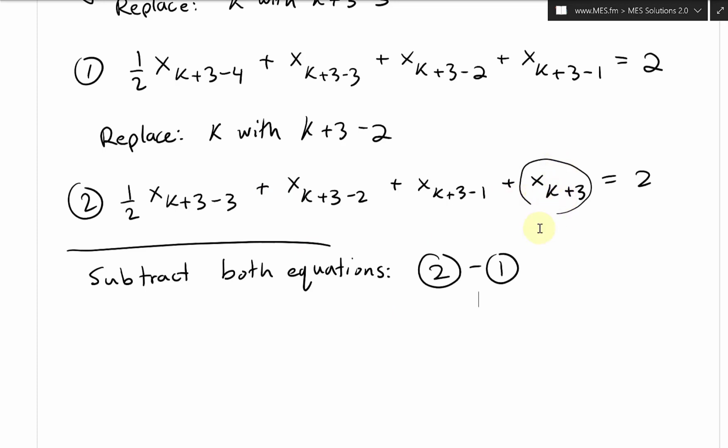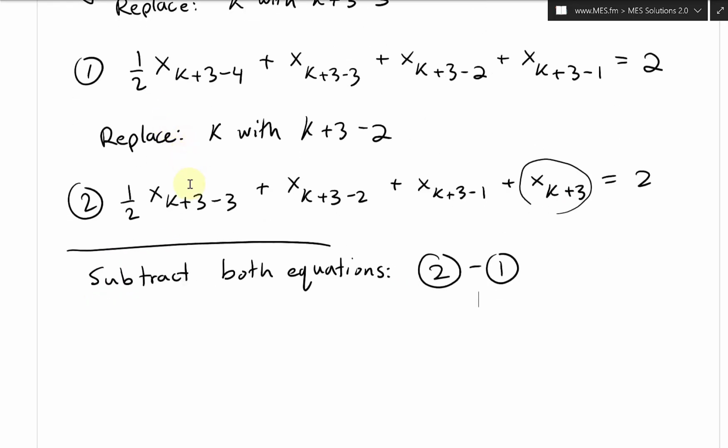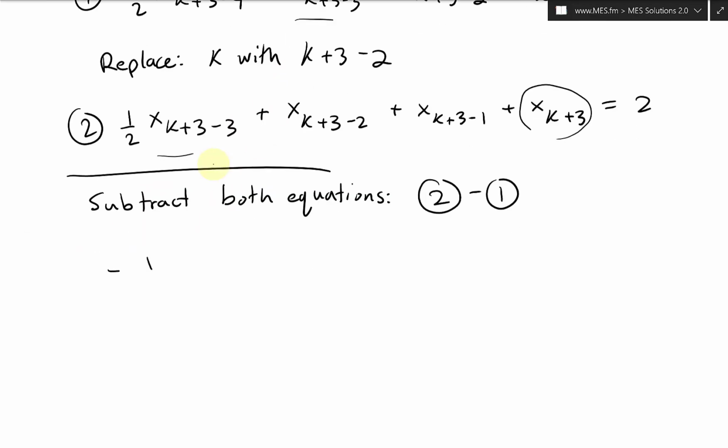So when we subtract them all, with this minus this, we'll see what we have. This right here is 1/2. This lines up with this, that's 1. So we're subtracting that. That's going to be equal to negative 1/2 x_{k+3-3}.